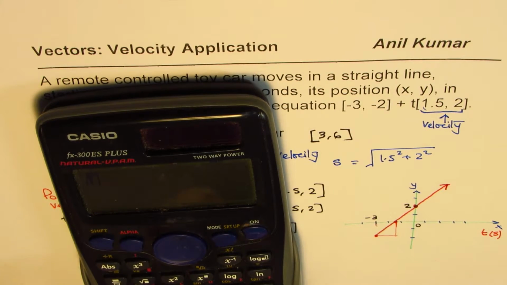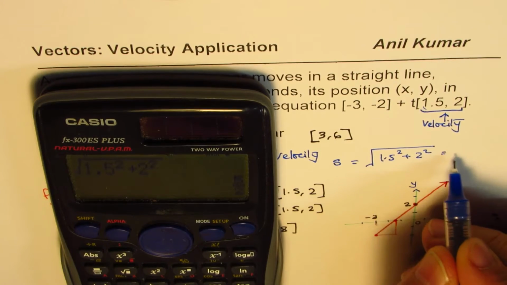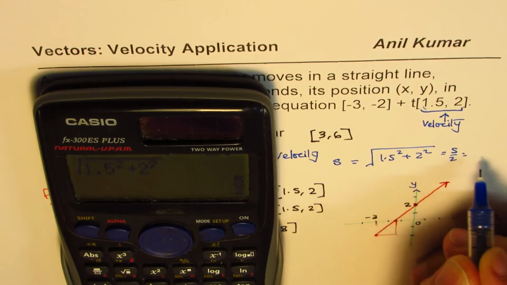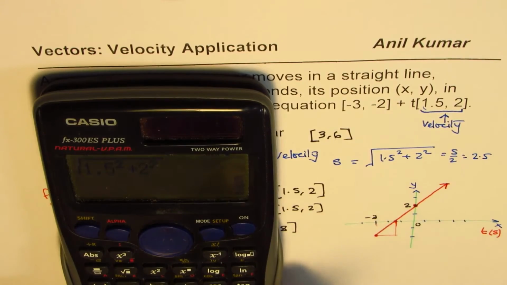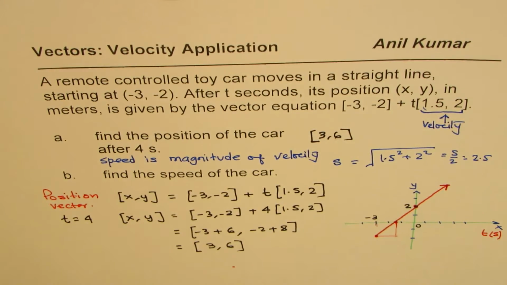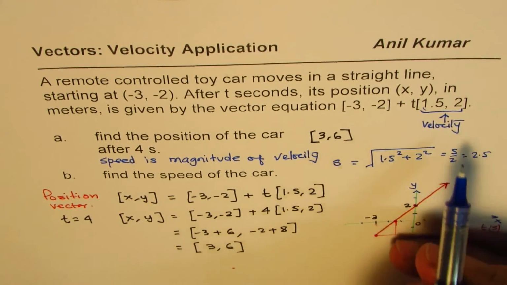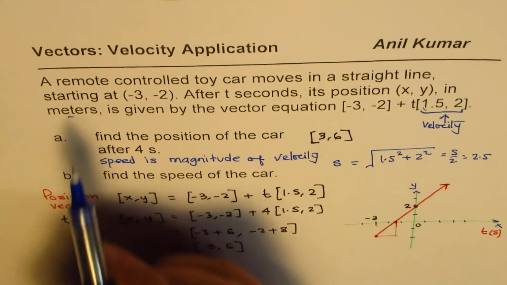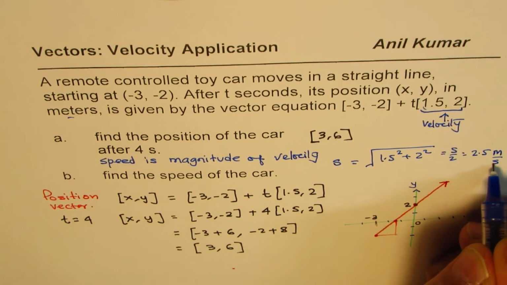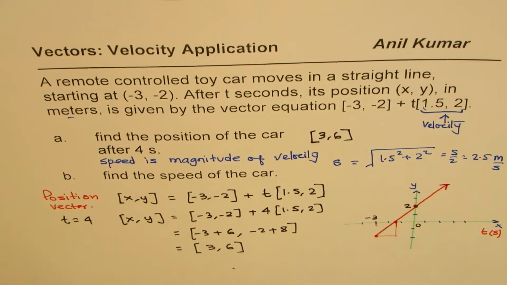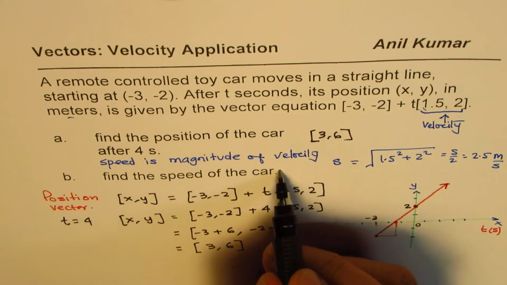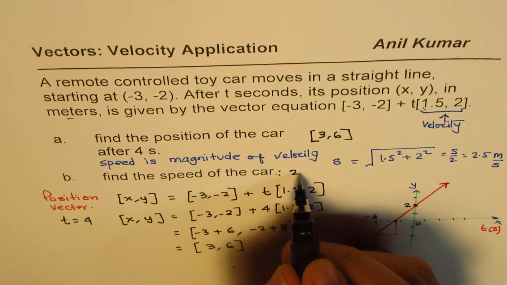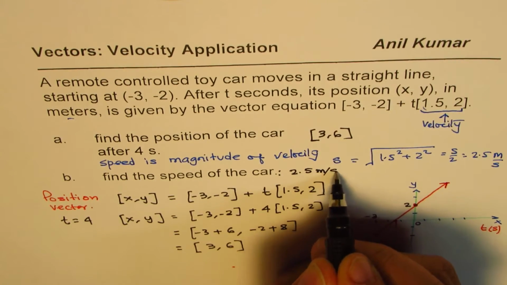The square root of 1.5 squared plus 2 squared gives us 5/2, or in decimals 2.5. Whenever we are working in applications, you have to write units. Units will be meters per second. So the speed of the car is 2.5 meters per second, right?